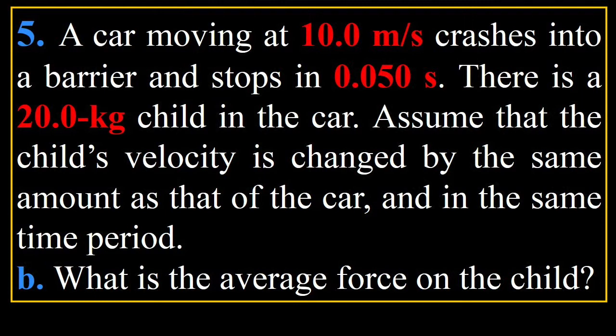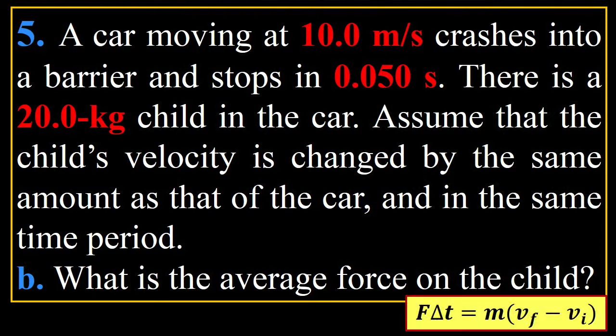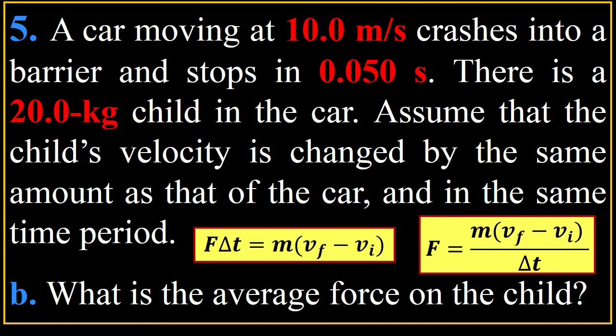You're going to take your change in momentum, or the impulse, which is negative 200 newton seconds, or kilogram meters per second, and divide through by 0.5 seconds. How many times does 5 go into 20?